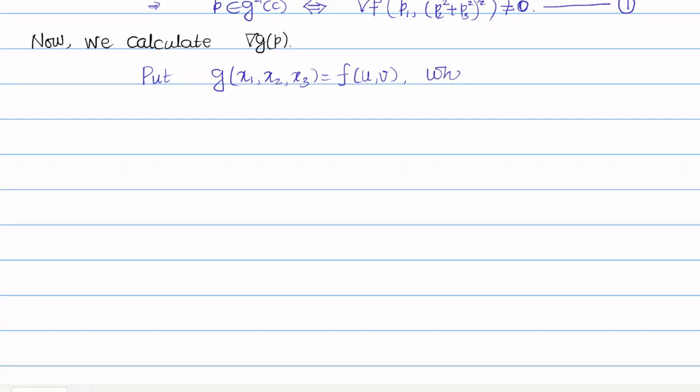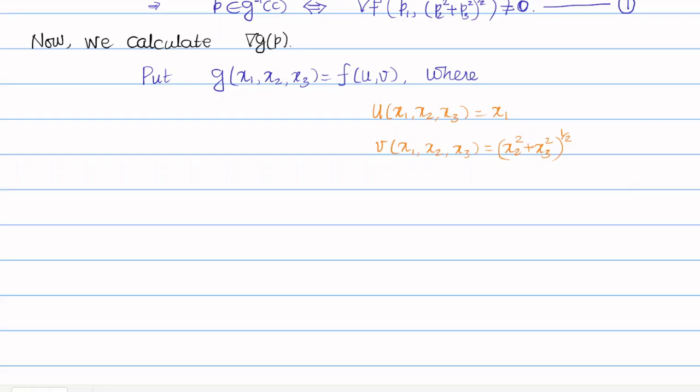Where, for partial derivatives calculate பண்றதுக்காக, u அப்படிங்கிறது யாரு அப்படின்னா, u of x1, x2, x3 is equal to x1, and v of x1, x2, x3 is equal to x2 square plus x3 square the whole power 1 by 2. Okay, that's all. Very simple.